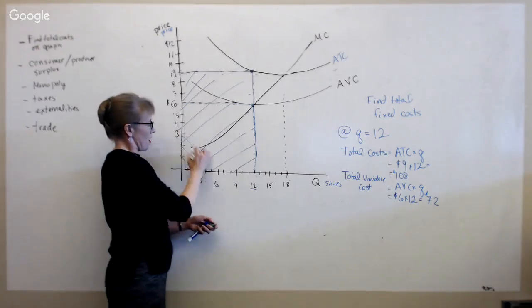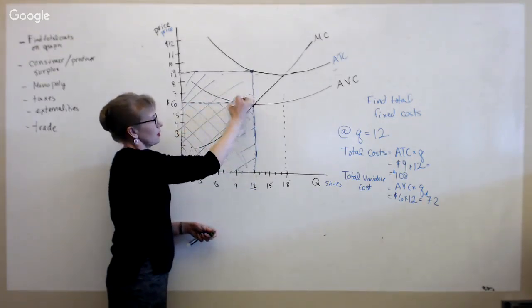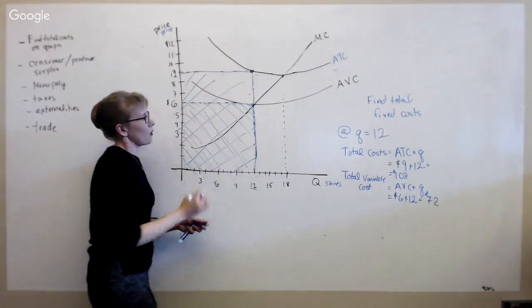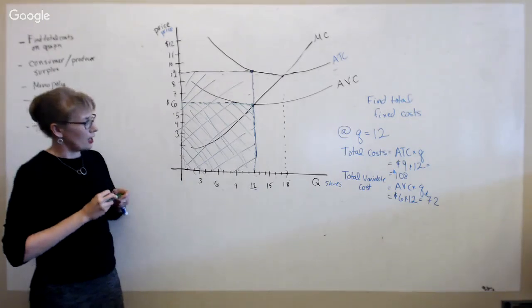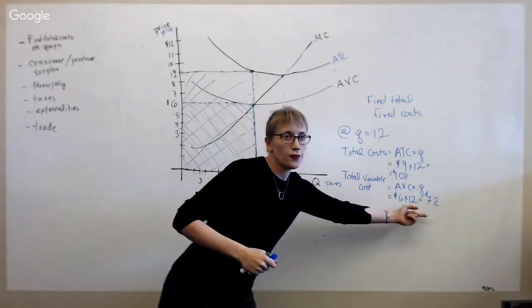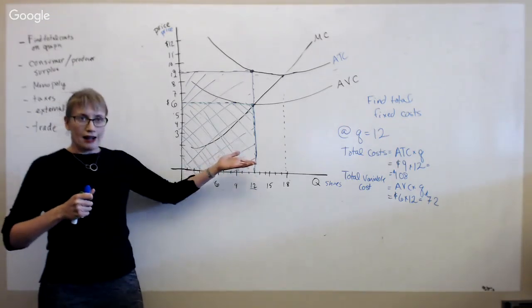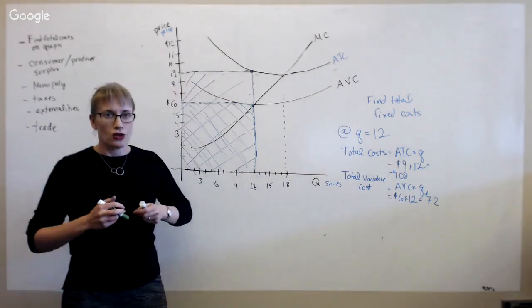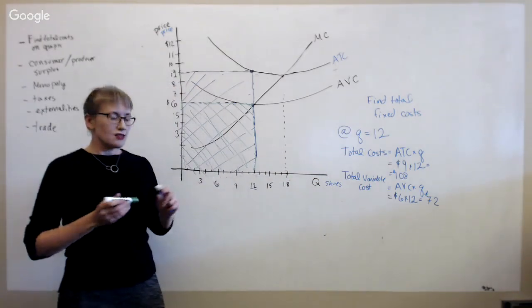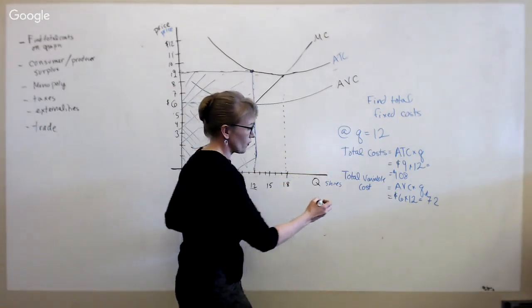So our total variable costs are represented by this green shaded area here. We can find the value, or we could represent it graphically. Now, I didn't ask about total variable costs. I asked about total fixed costs. Total fixed costs are the difference between total cost and total variable cost.